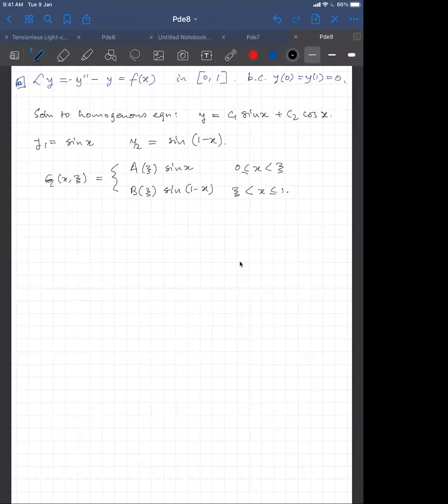Then we have to impose continuity: a sine psi is equal to b sine of 1 minus psi. And we have to look at the jump: minus b cos of 1 minus psi minus a cos of psi is equal to minus 1.